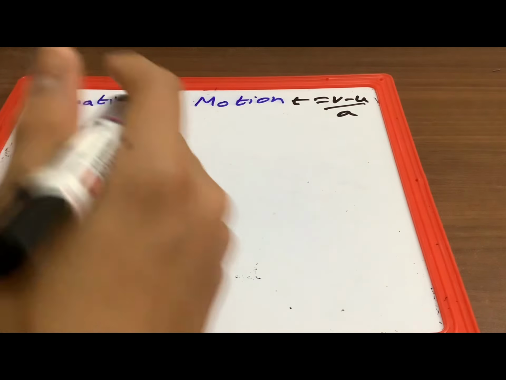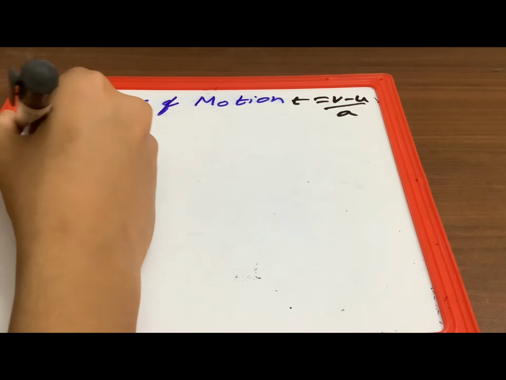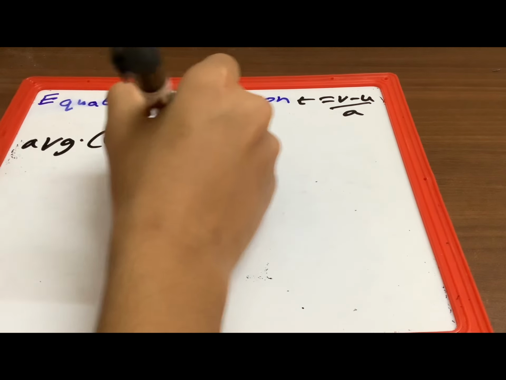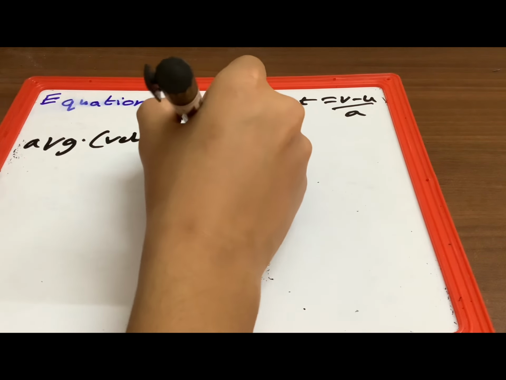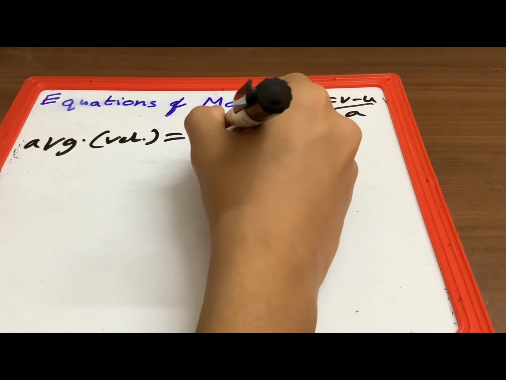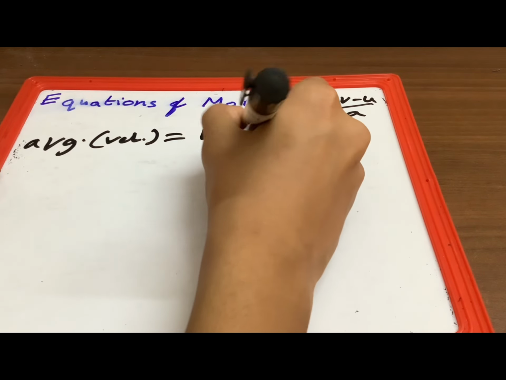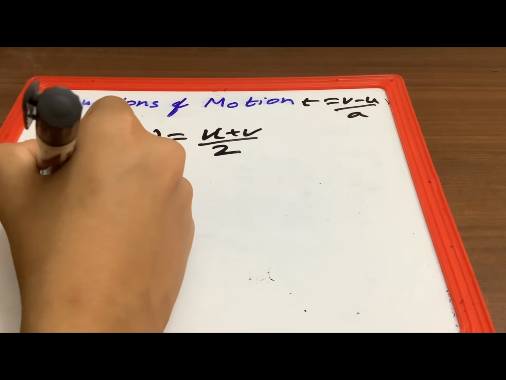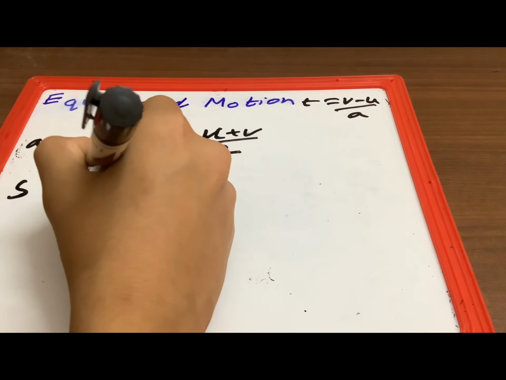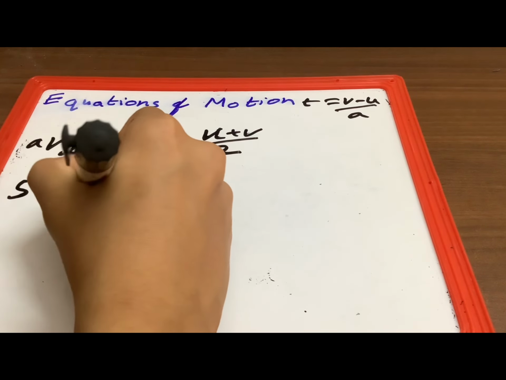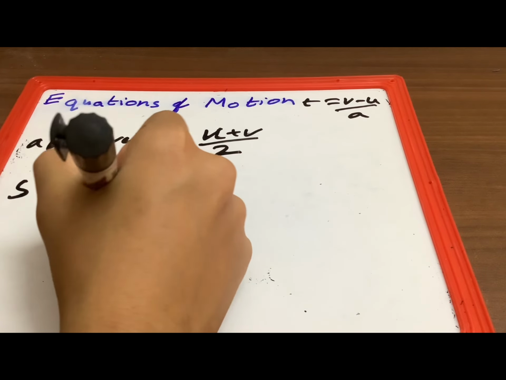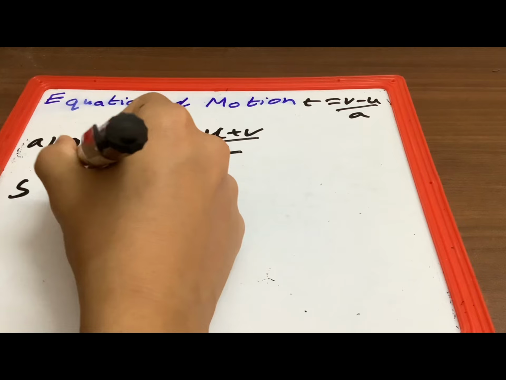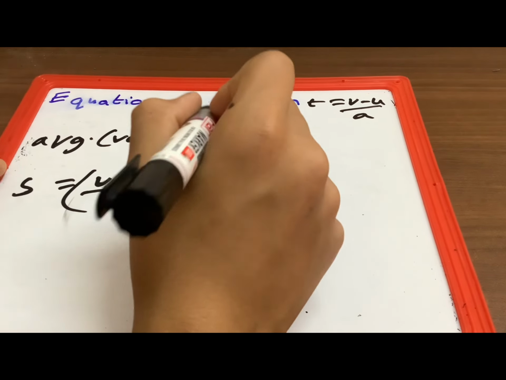Let's move on to the definition of average velocity, which is equal to initial velocity plus final velocity over 2, and now moving on to displacement equal to average velocity into time.